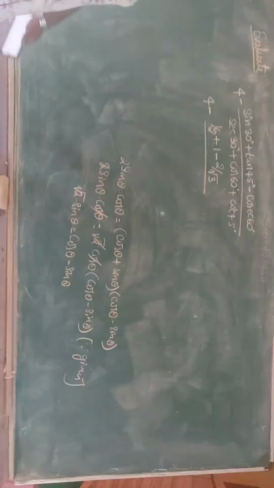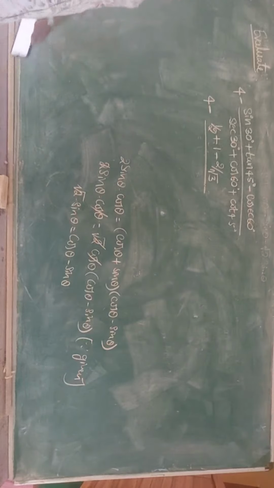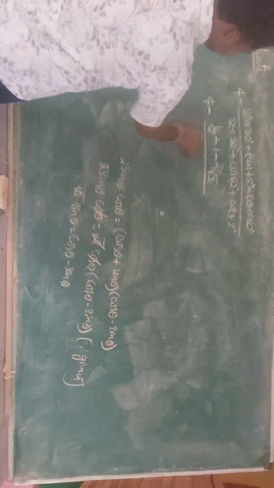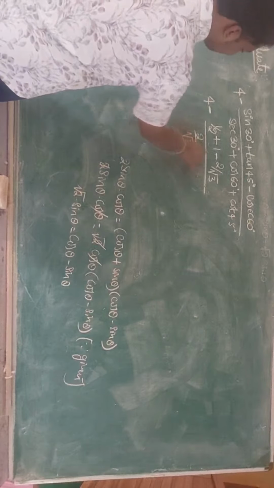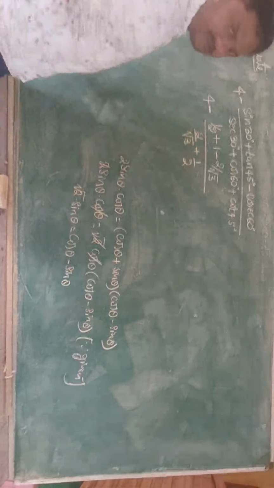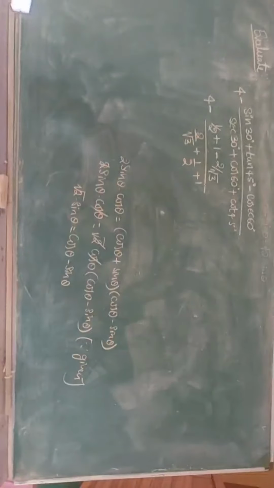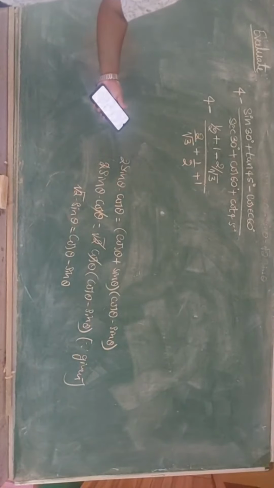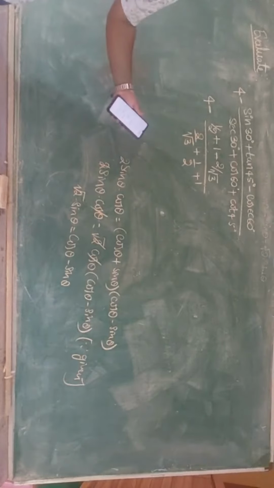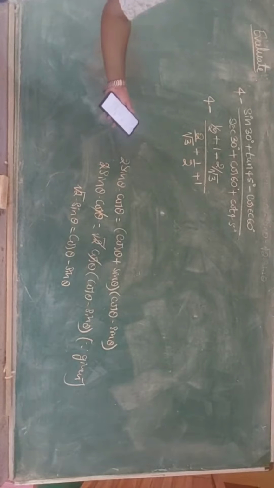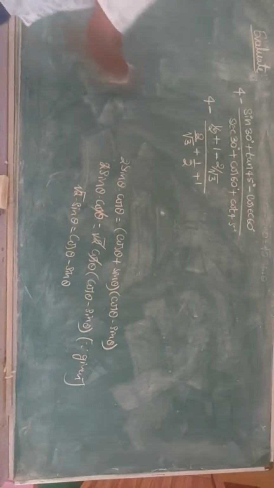Cosec 60 is nothing but sec 30, so that is also 2 upon root 3. Cos 60 is half, plus cot 45 degree is 1. So you have to take the LCM separately in the numerator and denominator.